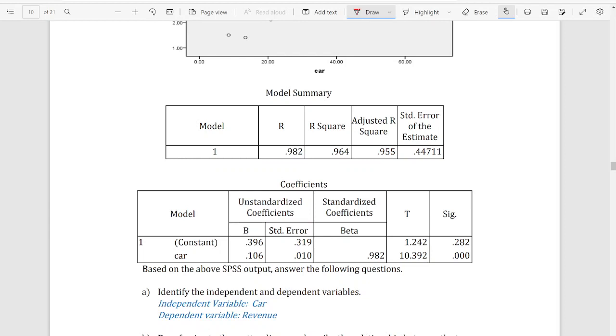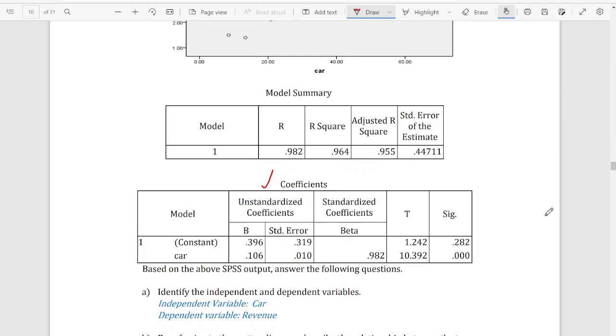Okay, how do we read the coefficients? What we care about when we want to write our regression equation is the unstandardized coefficient section. So look at this area. And then if we want to see whether the relationship we had between the two variables, the number of cars rented and revenue, do they really affect one another? Is the relationship really statistically valid?